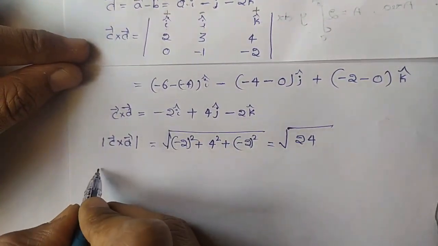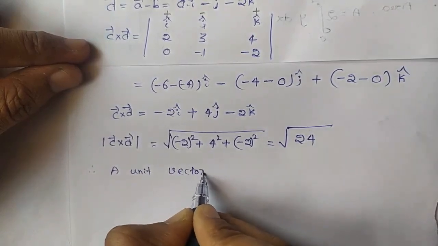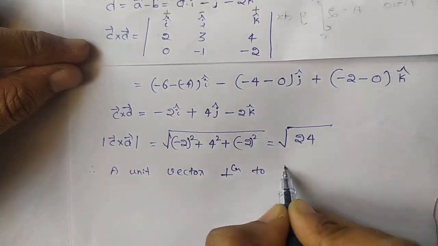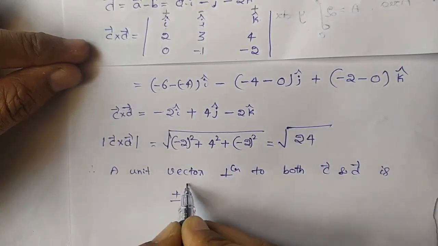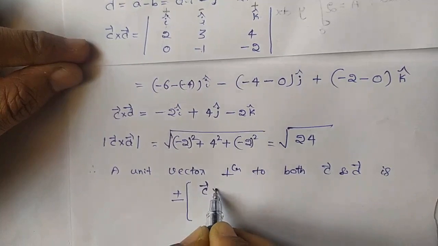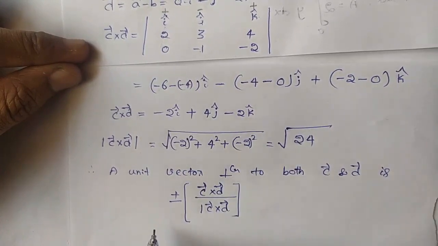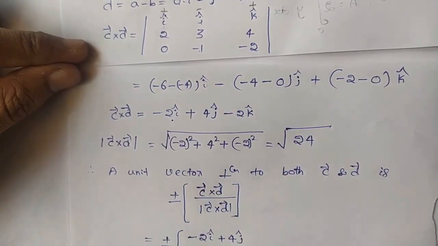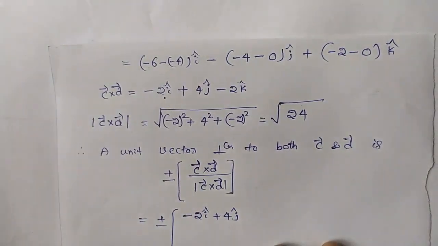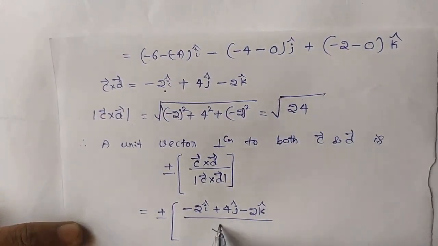Remember, therefore a unit vector perpendicular to both C vector and D vector is plus or minus C cross D divided by magnitude of C cross D, that is equal to plus or minus C cross D vector minus 2i plus 4j minus 2k divided by magnitude of C cross D, which is root 24.